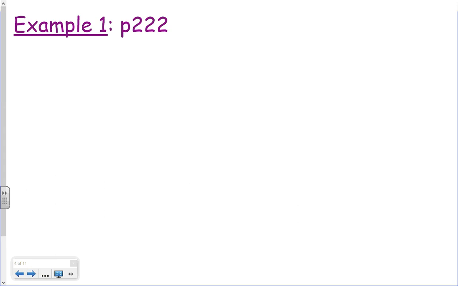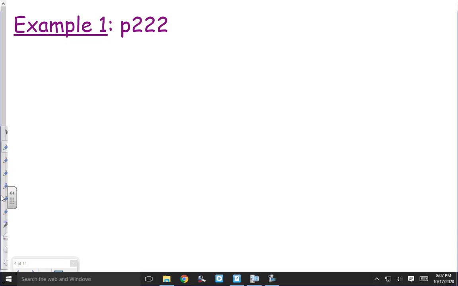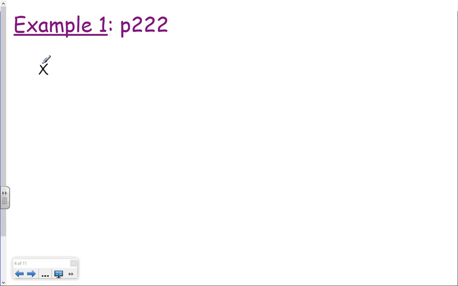All right, let's take a look at the example in the book that they give us. Example 1 on page 222. They say to multiply these and simplify, and they gave us quite the rational expressions there to work with. So they gave us x squared plus 5x plus 6 divided by x squared minus x minus 20.